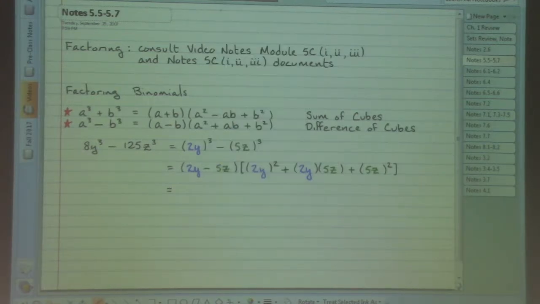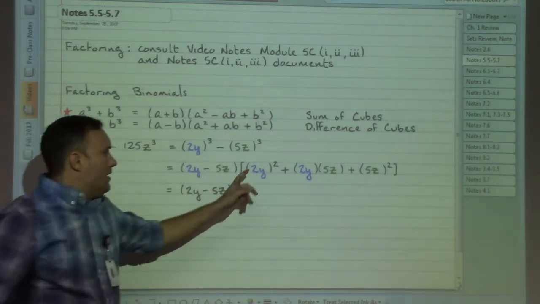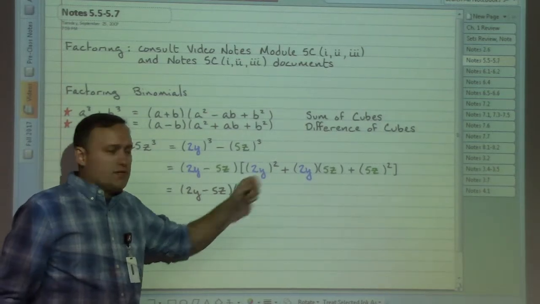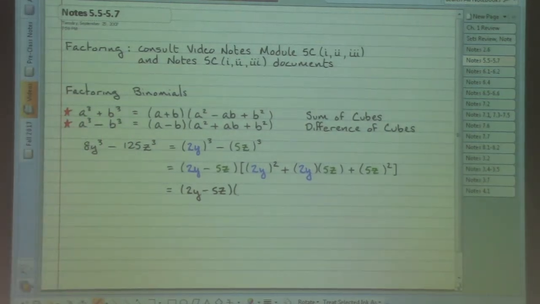Then I want to simplify the appearance of my second factor. My first one is already nice and pretty: parentheses 2y minus 5z. But in my second factor, I can do a little tinkering to make it more direct. 2 squared is 4, y squared, so that second factor kicks off with 4y squared.